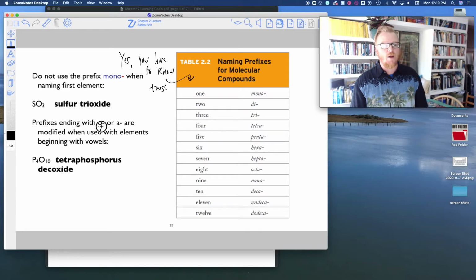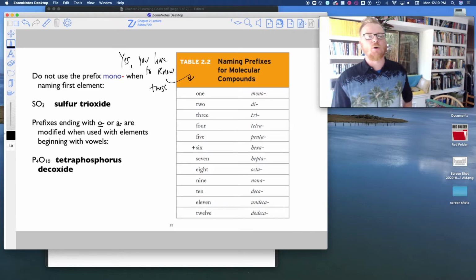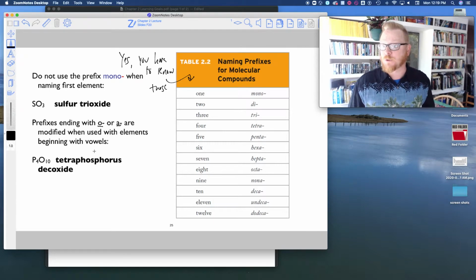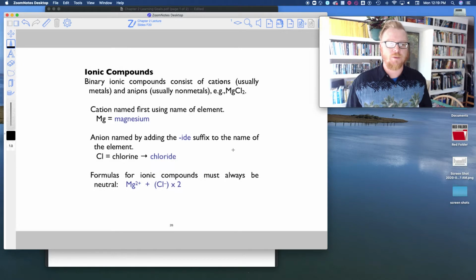So if you have O or A, you modify those with elements that begin with vowels. So oxygen is a good example of that. So P4O10, and look, now there's 4 on this phosphorus. So 4 is tetra, so tetraphosphorus decoxide. Let's keep going. There's going to be lots and lots of examples for you to work on with these.